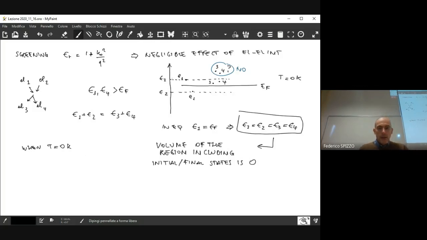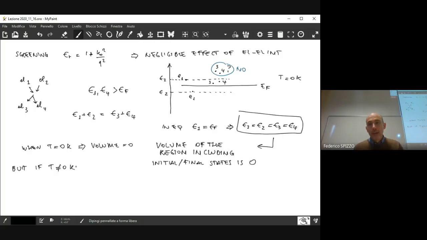Then a partial objection is that we are not always at T equal to 0 Kelvin, because in general, when T equals 0, the volume is equal to 0. But if T is different from 0 Kelvin, so the temperature is higher, then we may have possible energy values that are occupied even above EF, but due to that, we also have free levels below EF.